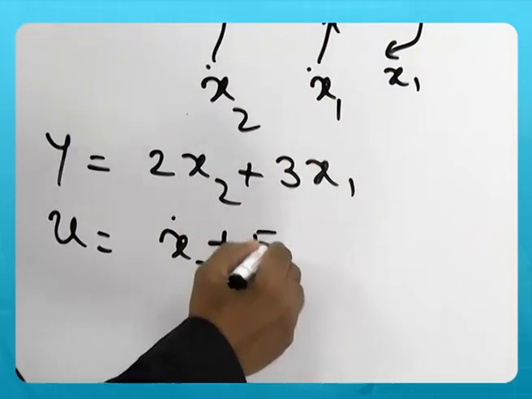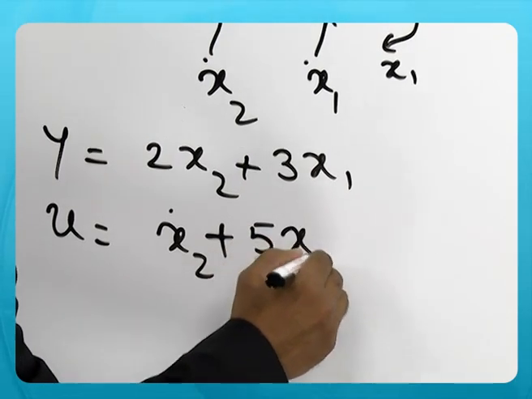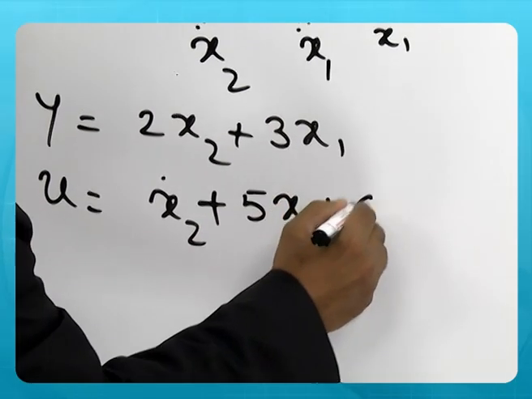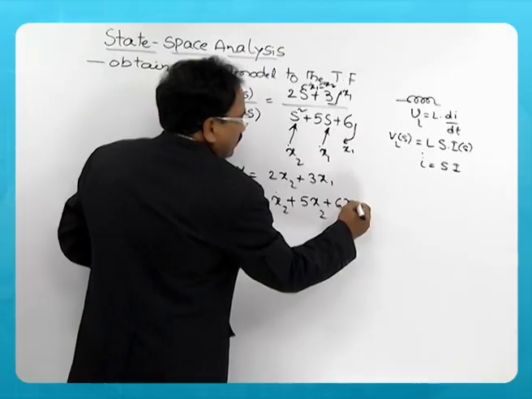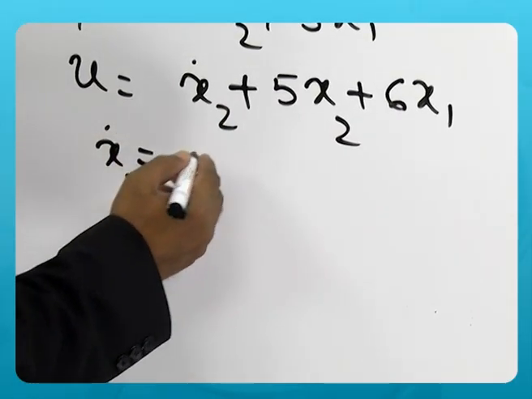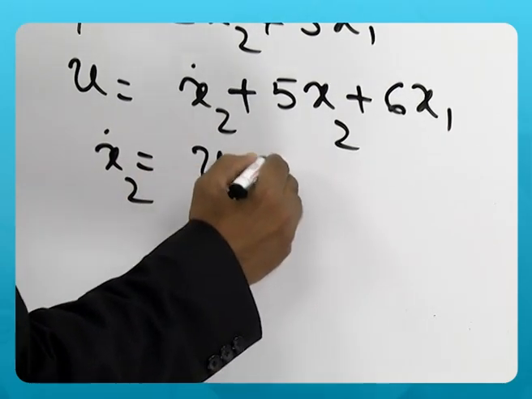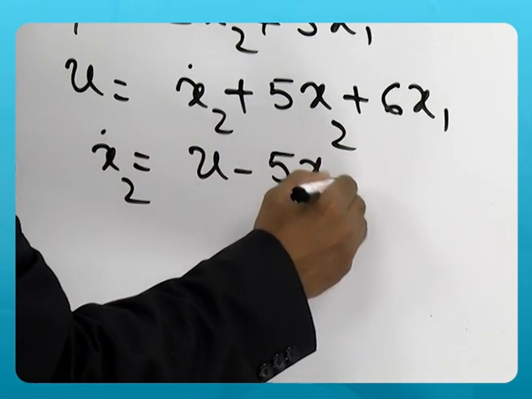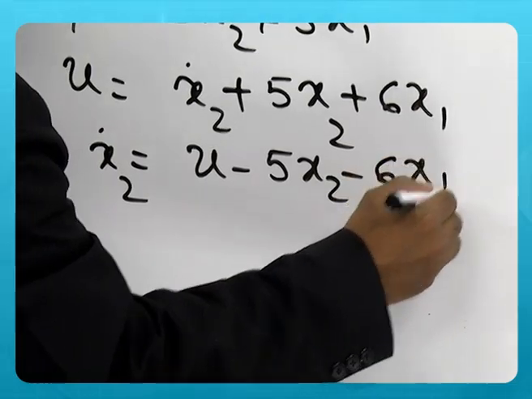This x1 dot is nothing but x2 plus 6 x1. This equation we can write now as x2 dot is equal to u minus 5x2 minus 6x1.